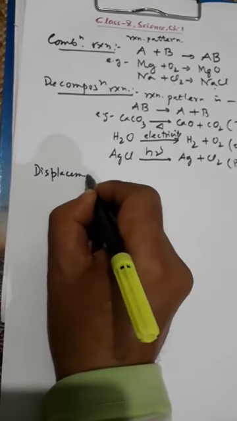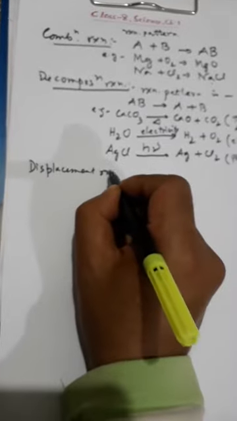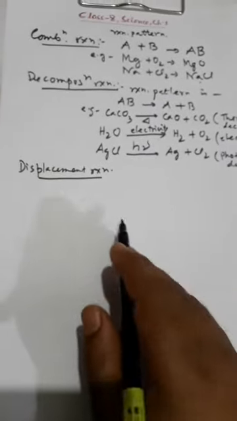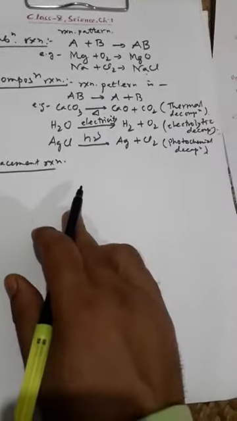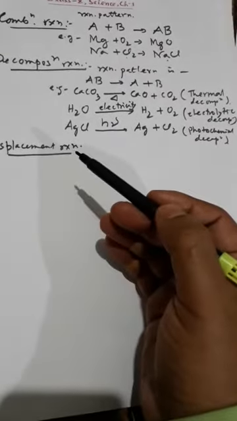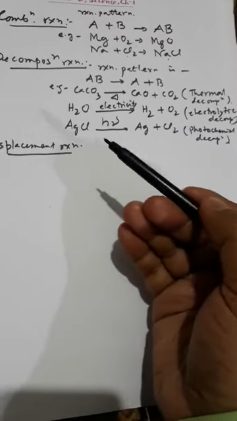displacement reaction. What is a displacement reaction? The reaction in which a more reactive element displaces a less reactive element from its salt solution. One element will displace another element.